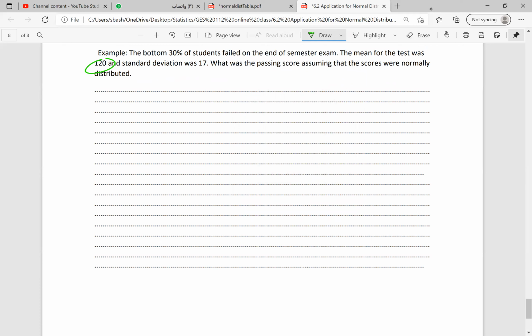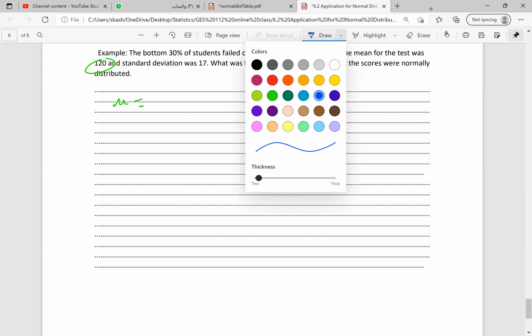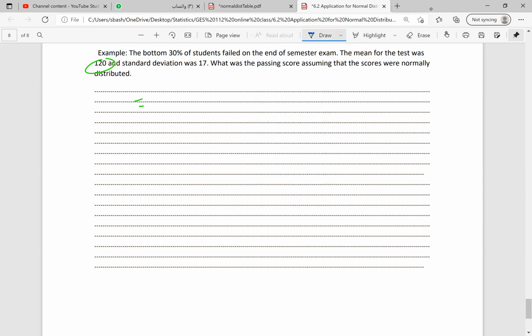We have the mean, and 20. And the standard deviation, sigma 17. What was the passing score, assuming that the scores were randomly or normally distributed? We are looking for the passing score.